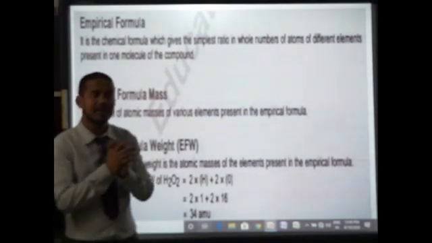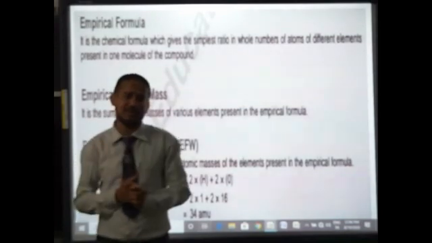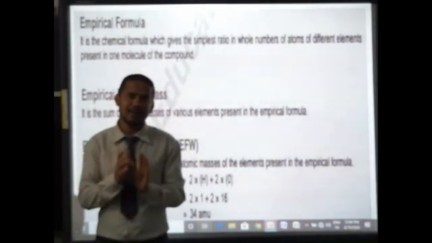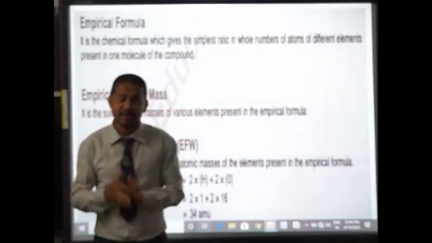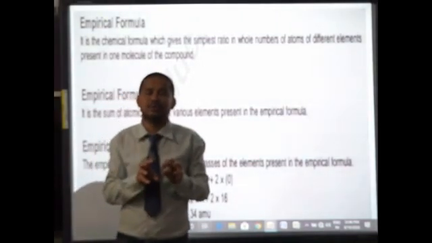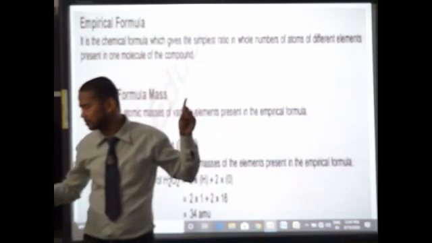For example, in water, what is the simple ratio? 2:1. In glucose, 1:2:1. This kind of ratio can be established by the empirical formula.